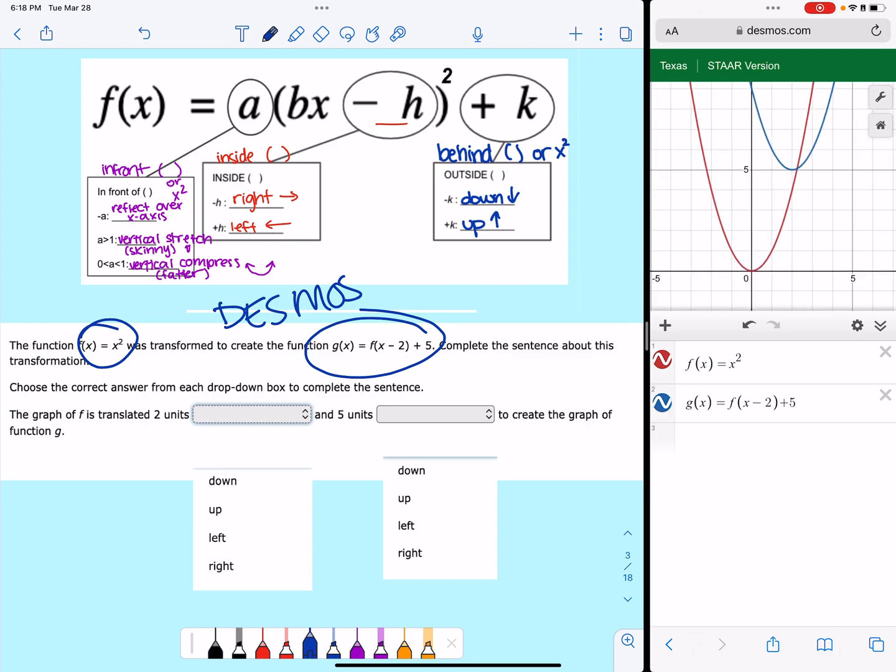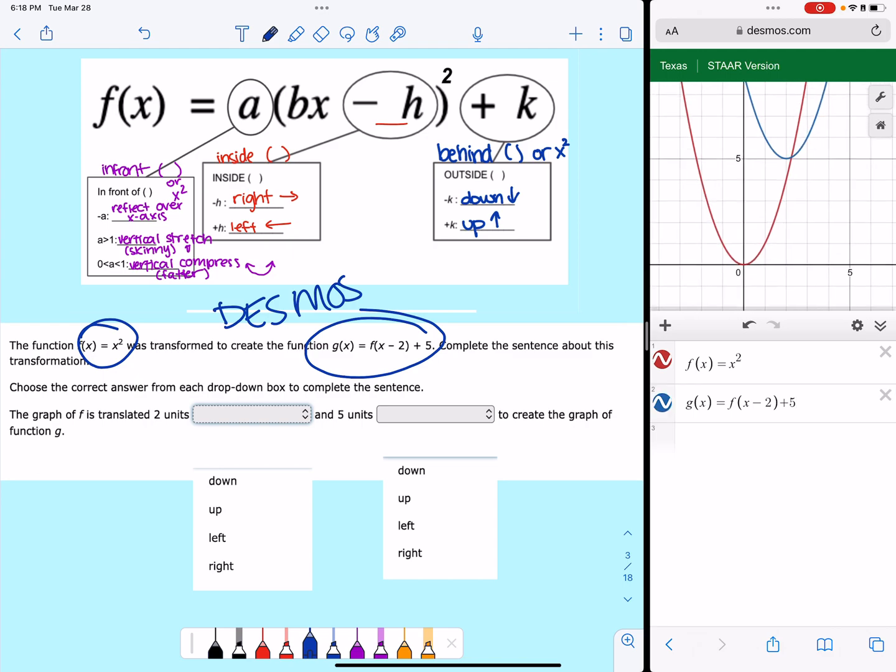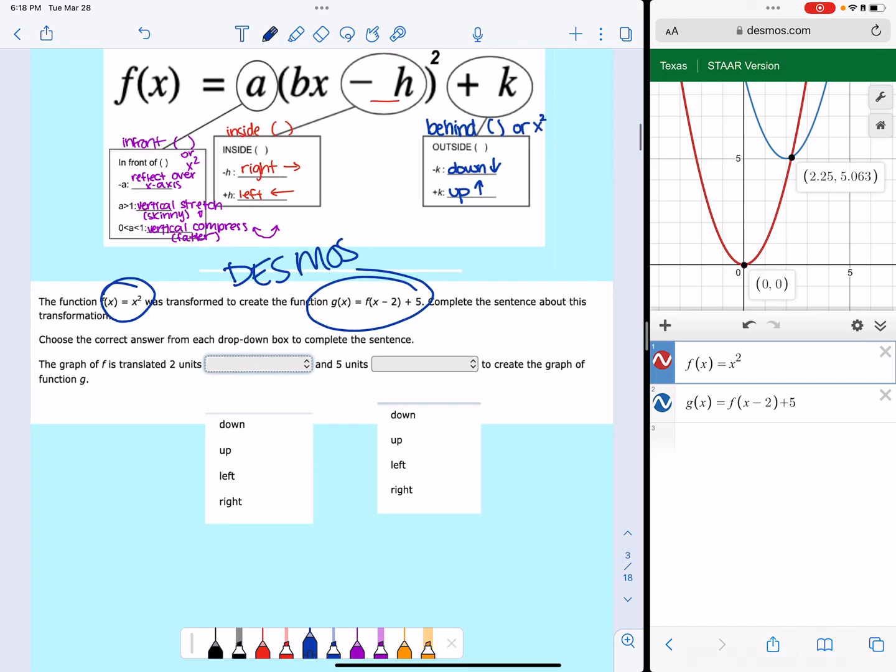So what we can see here is we have this graph, and we know that it went to the right. Okay, it went to the right to this point up here. So we know it went to the right. It went right, and instead of down, it went up.